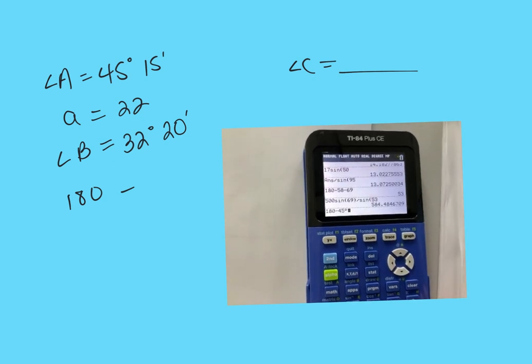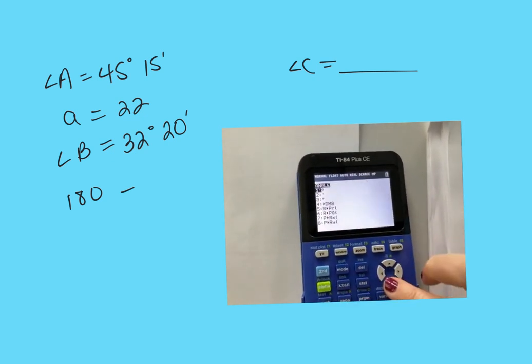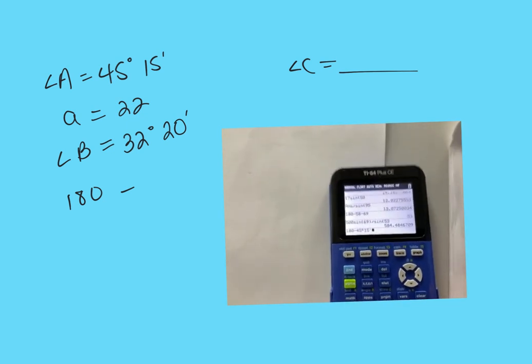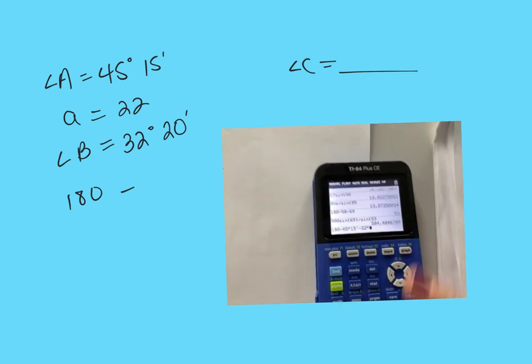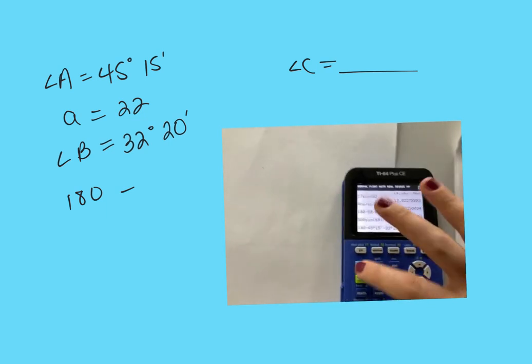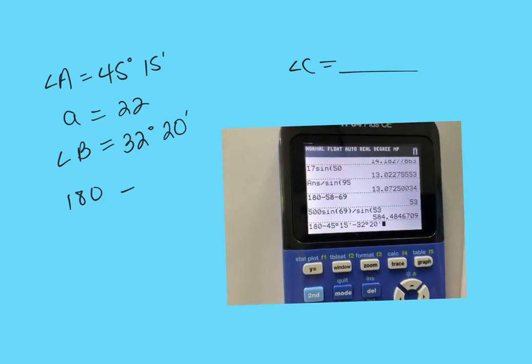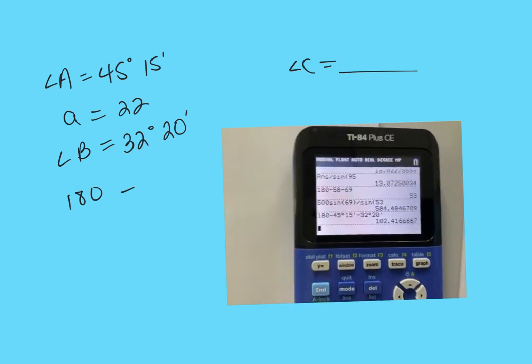I go to the degrees, 45 degrees, 15, second apps, go to the single tick mark, minus 32 degrees, 20 minutes, and hit enter. And it gives it to you in decimal degrees, right?